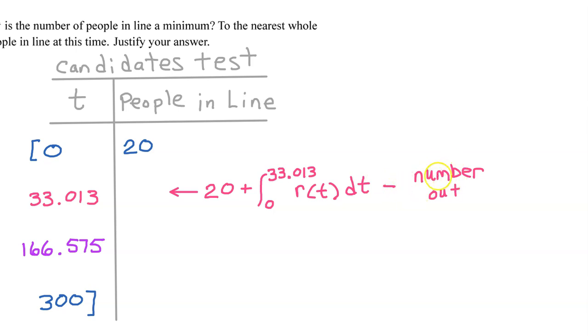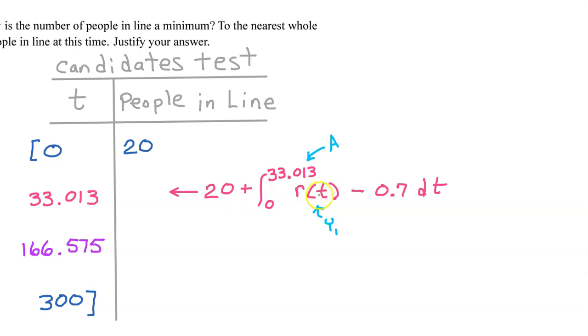Similarly, the number of people who left the line will be the integral of the rate out, so the integral of 0.7. This expression represents the number of people who left the line from 0 seconds to 33.013 seconds. Because the limits of integration are identical, we can write this as a single integral.